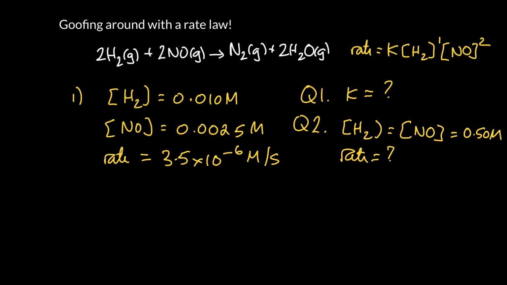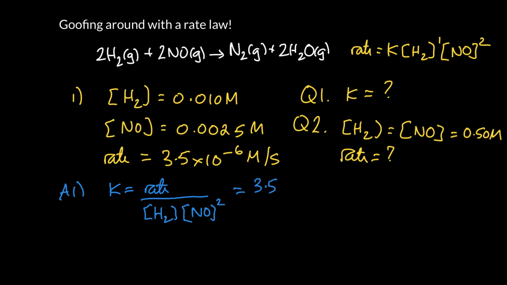So answer one, we're going to go ahead and just rearrange our rate law expression. So if we want K, we can set that equal to rate divided by H2 to the first power, times NO to the second power. I guess I have to write that 1 in. So we were told the rate in this problem is 3.5 times 10 to the minus 6 molarity per second. All right, what do we have on the bottom?